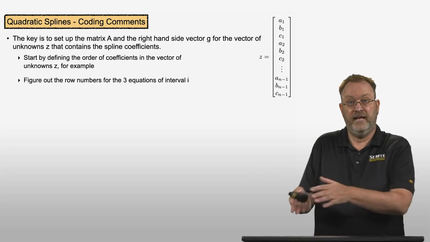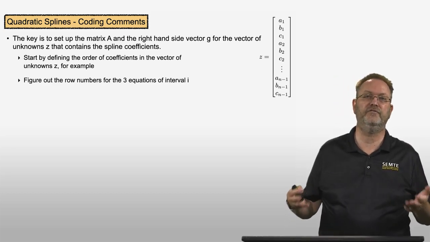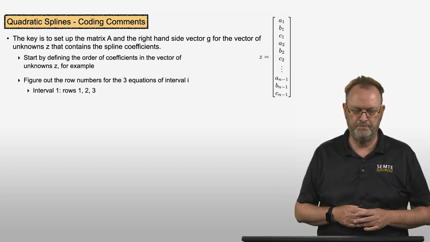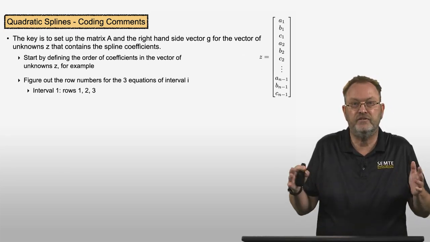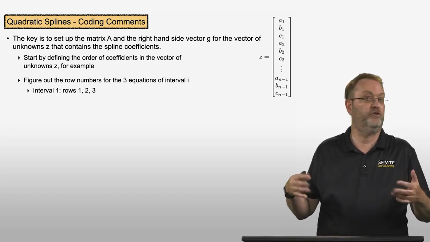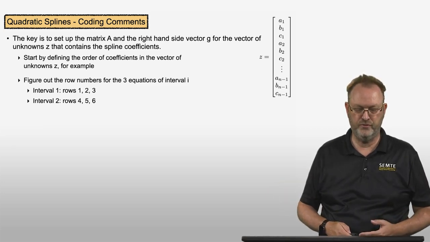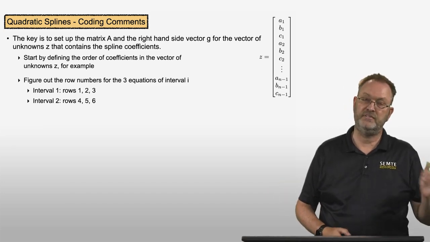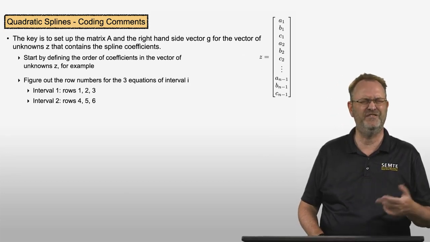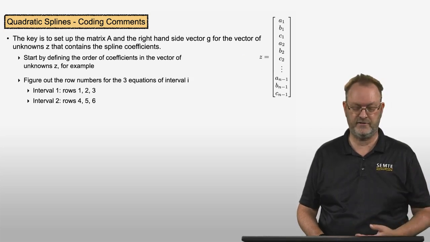Now, with that order defined, figure out the row number for each of the 3 equations for an arbitrary interval I. So let's start with interval 1. That will be the first 3 equations that in the matrix would be rows 1, 2, and 3. The second interval would have the next 3 equations, so that would be row numbers 4, 5, and 6.